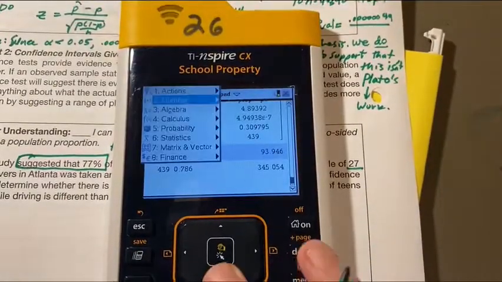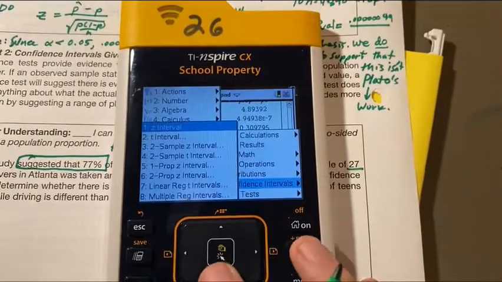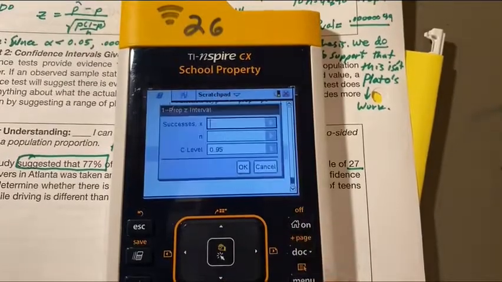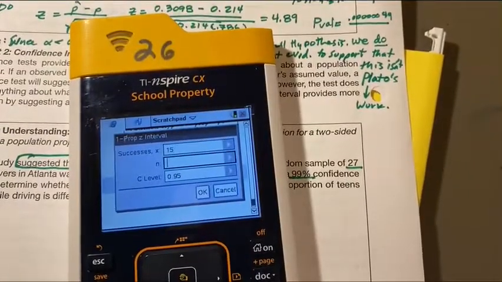So we used a random sample of 27, 15 of whom said yes, and we decided to do a 99% confidence interval. So just to practice this again, we go to stat, and now we are going to go to confidence interval, and this is a 1 proportion Z interval. And so we talked to 15, said yes out of 27, and we've been asked to change the confidence level to 99.